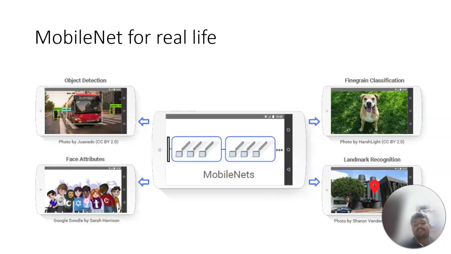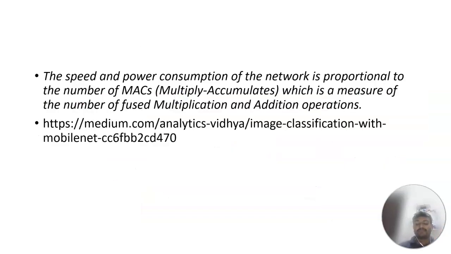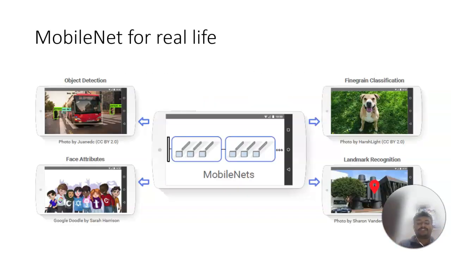Here we can use MobileNet for object detection. Now I am facing a camera, so using that camera we can detect my face. That is one of the advantages; we can call it object detection and face attributes. We can give the data sets and train first, then it can detect our face, who I am, and whether I am wearing a face mask or not.